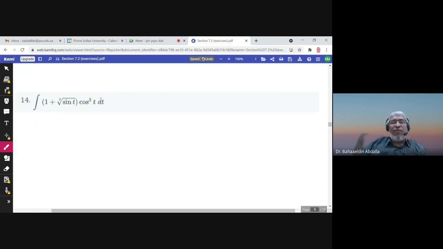Also, we have power cosine odd. The power of cosine is odd. So immediately we let u equals sine t. And du would be cosine t dt. So I need cosine beside dt. I write it. And I have cosine cube.